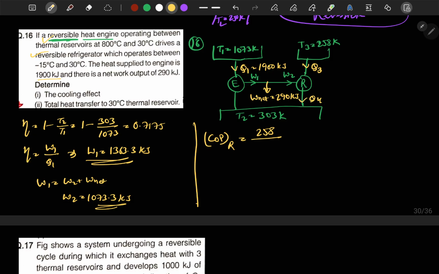So we can write it as 258 divided by 303 minus 258, and this can be calculated as 5.733.